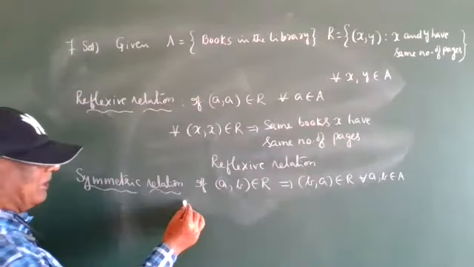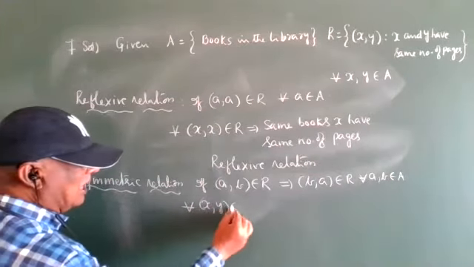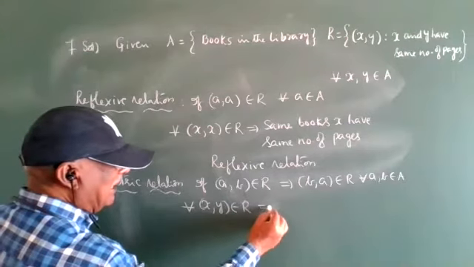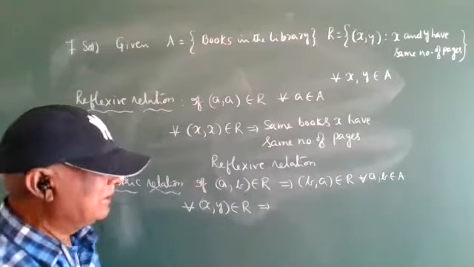Now see, for all (x, y) belongs to R means x book and y book have the same number of pages.